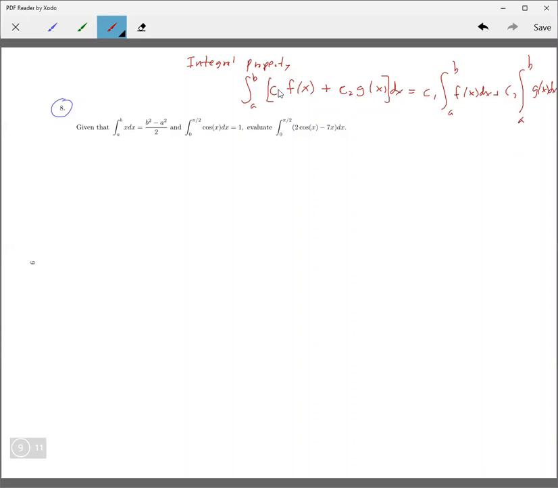So sums can be split up into 2 integrals. Constants can be taken out.